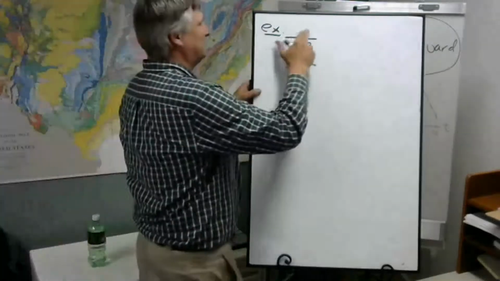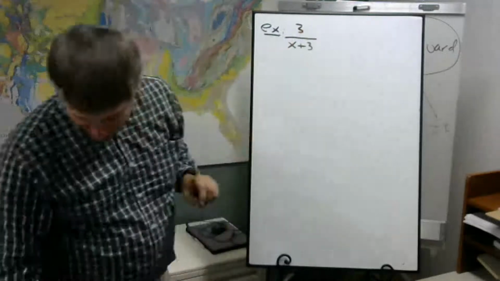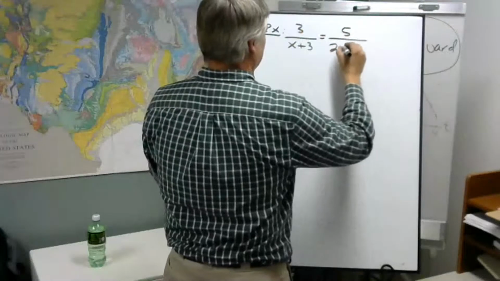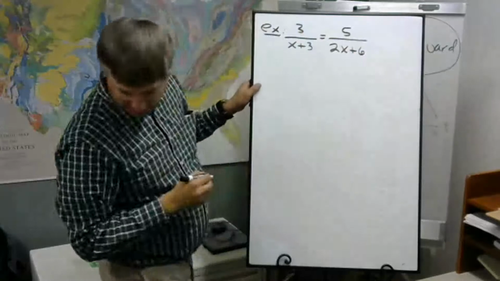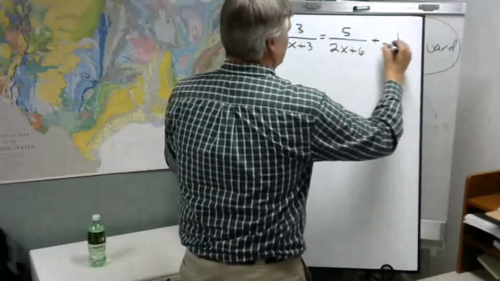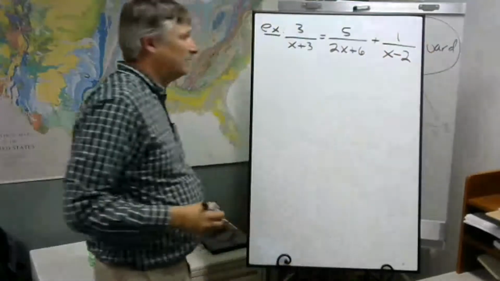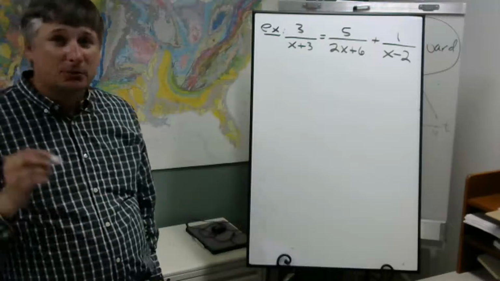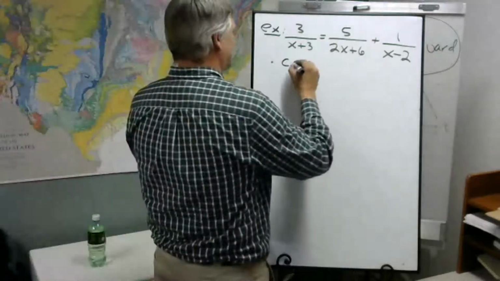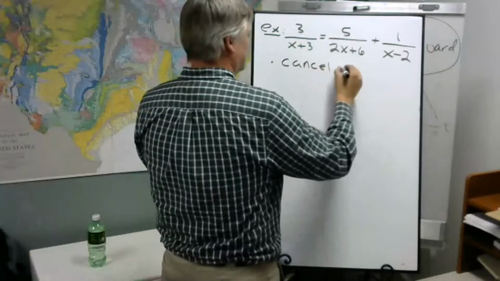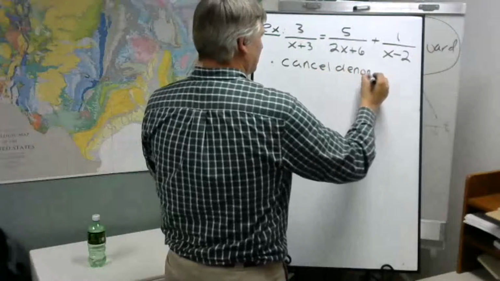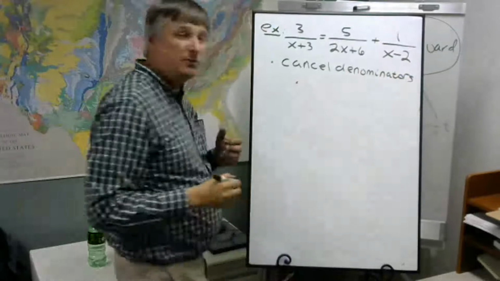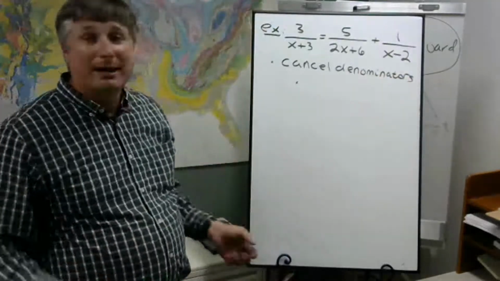Oh, I'm going to change it up just a little bit. There we go. And we're supposed to solve for x. Same trick. Cancel denominators. And we do this by multiplying through by an LCD.